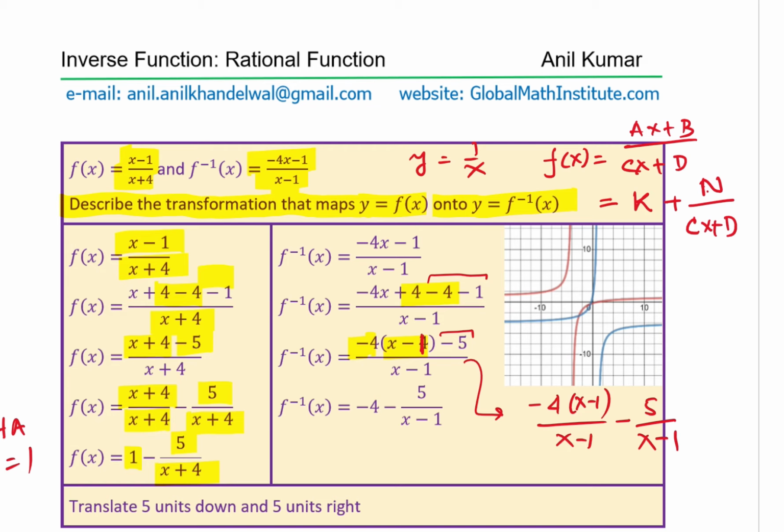And clearly, x minus 1 cancels, giving us the result minus 4 minus 5 over x minus 1. Correct? Now look here. It is much easier to look into the transformation from f(x) to f inverse x in this particular form. Correct? So what do you notice?